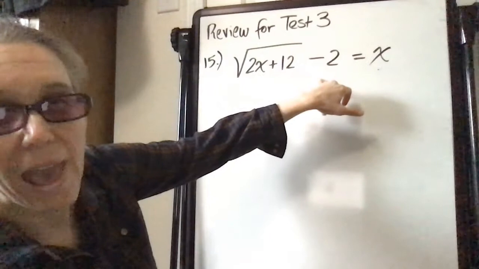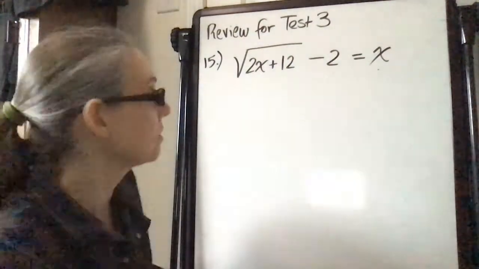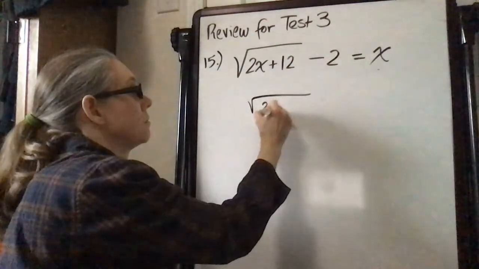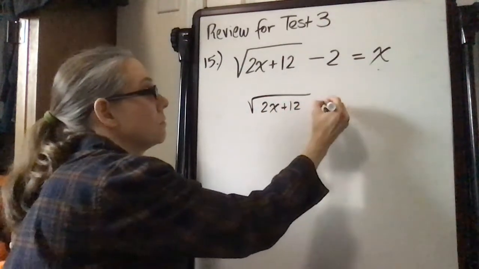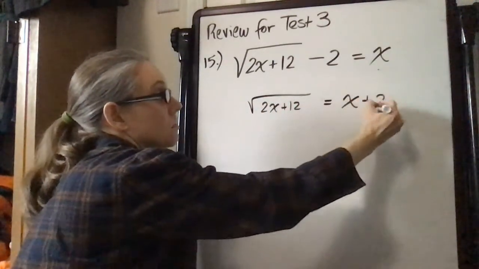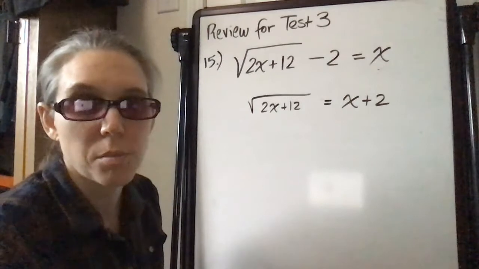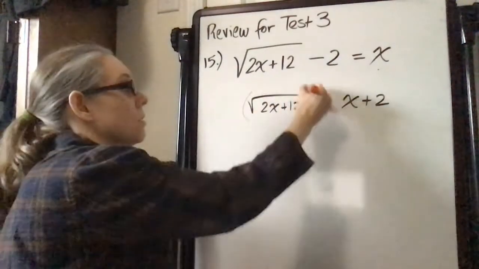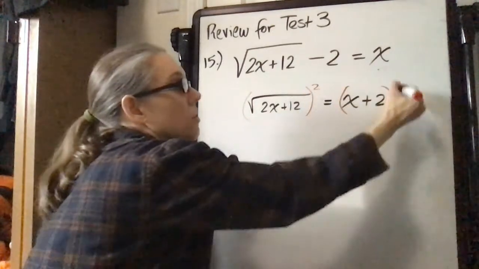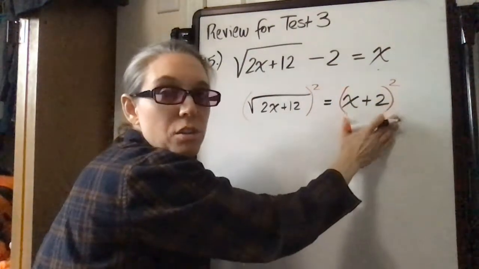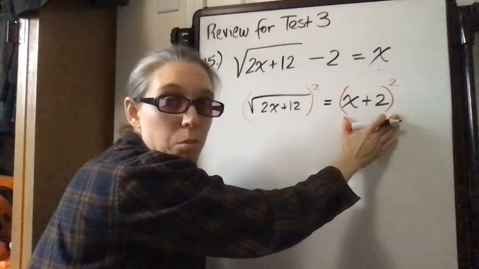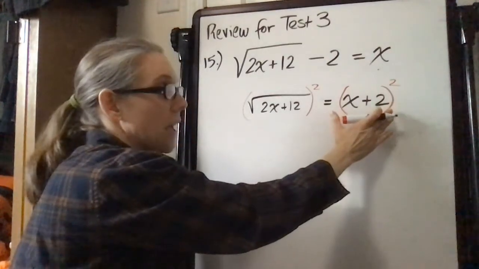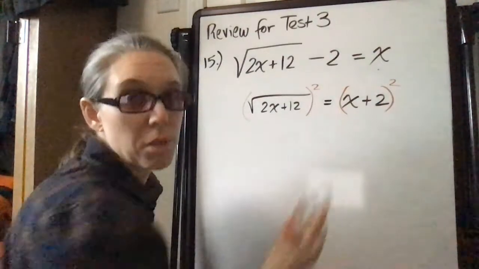So you want to add 2 to both sides. Once you add 2 to both sides, then you square both sides. Show squaring both sides, and make sure you use parentheses. That's very important.